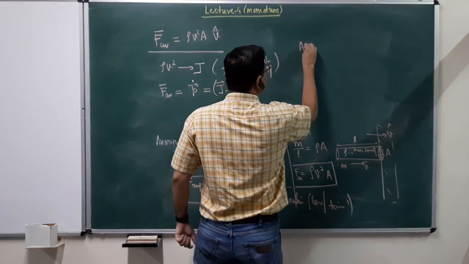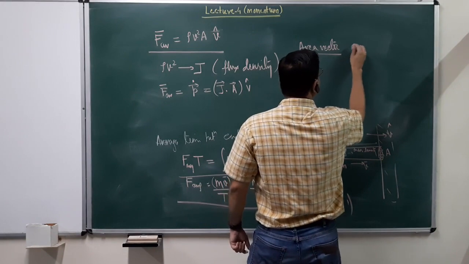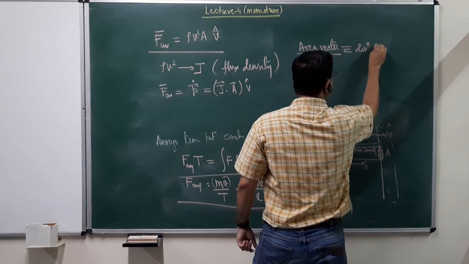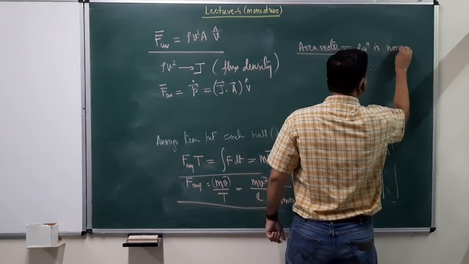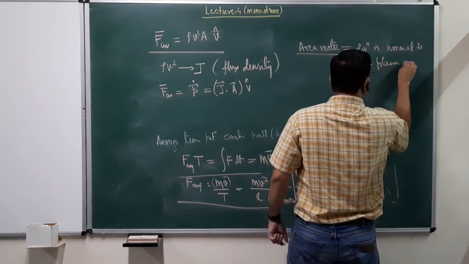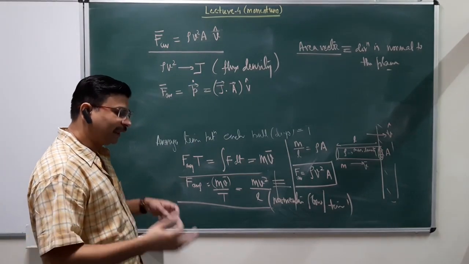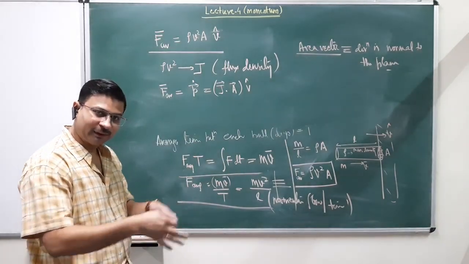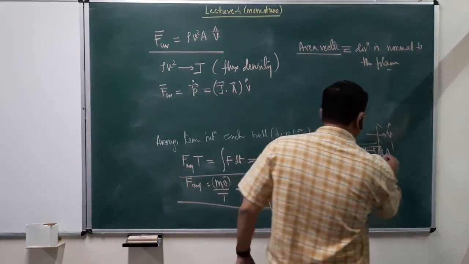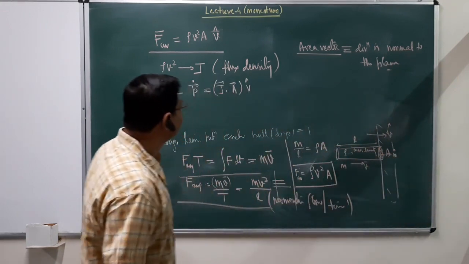So area vector, and its direction is normal to the plane, right? So area basically defines a plane, and the area vector has the magnitude of the area, for example L square, and the direction is normal to the plane. So in this case, this n cap vector will define the area vector.